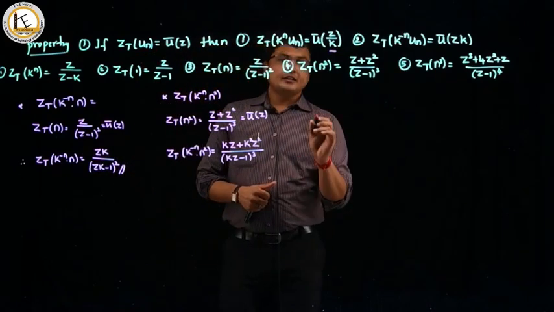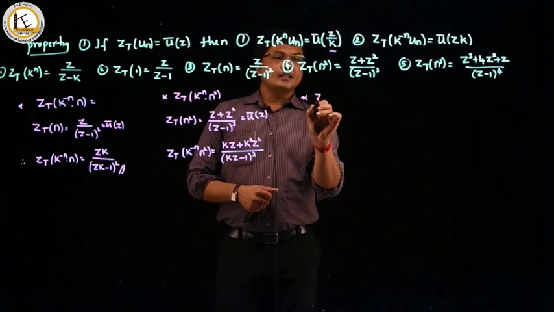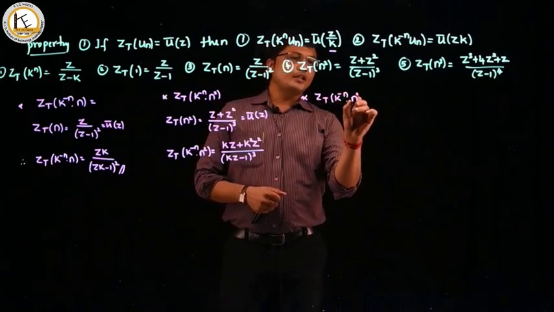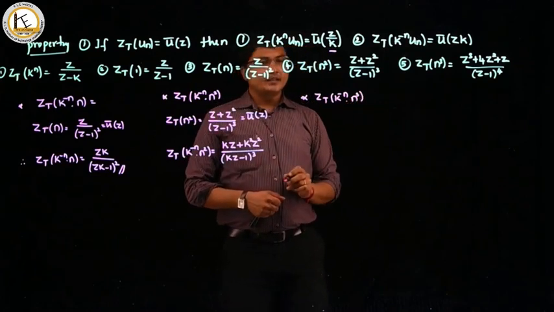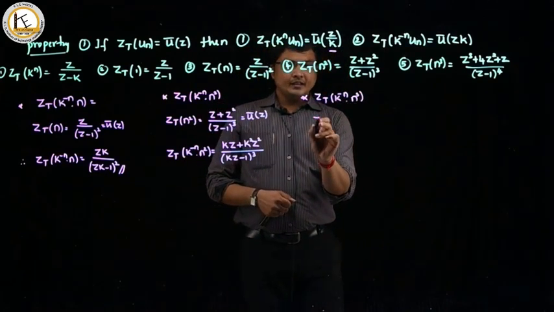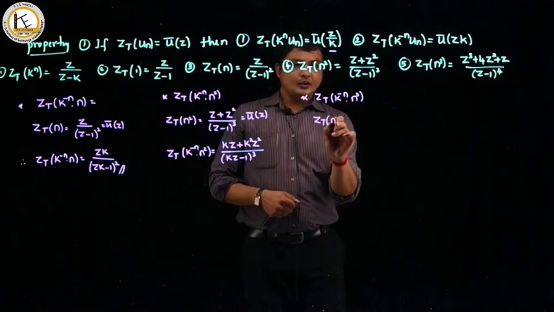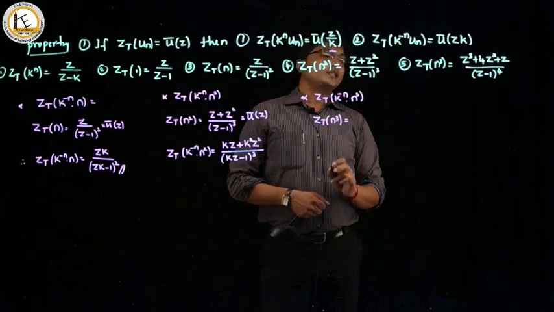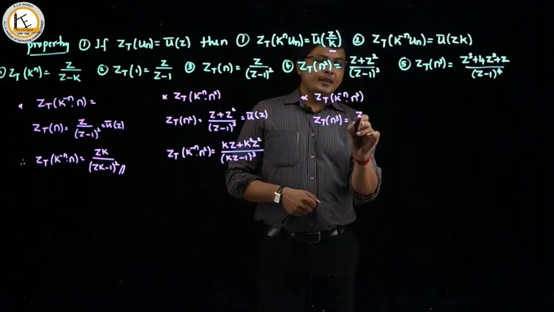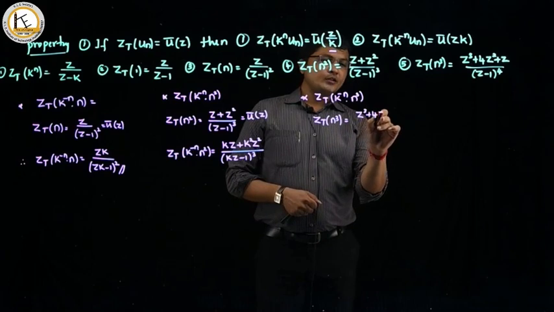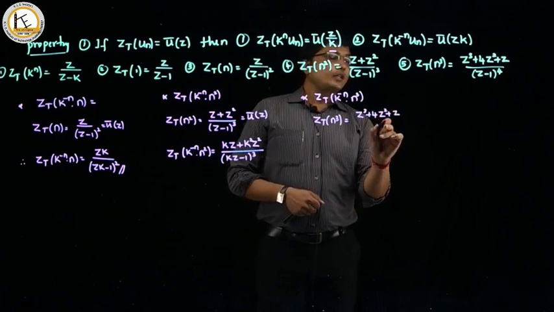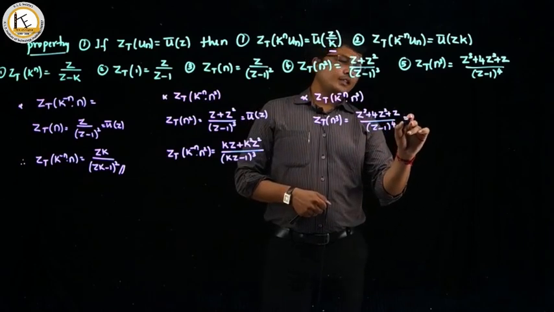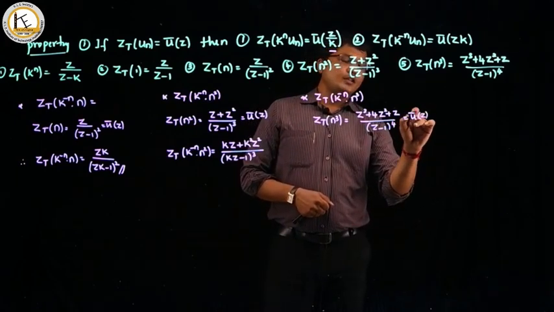In a similar fashion, z transform of k raised to minus n into n cube. Once again, we will take z transform of n cube separately and find its z transform. So z transform of n cube is nothing but z cube plus 4z square plus z divided by z minus 1 the whole raised to 4, which is nothing but u bar of z.